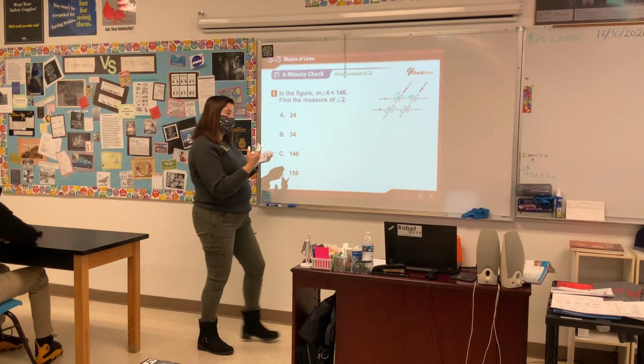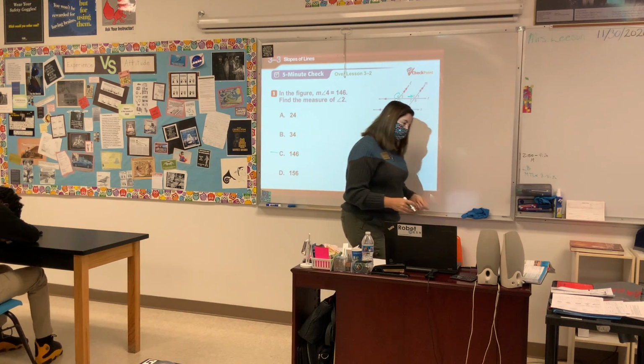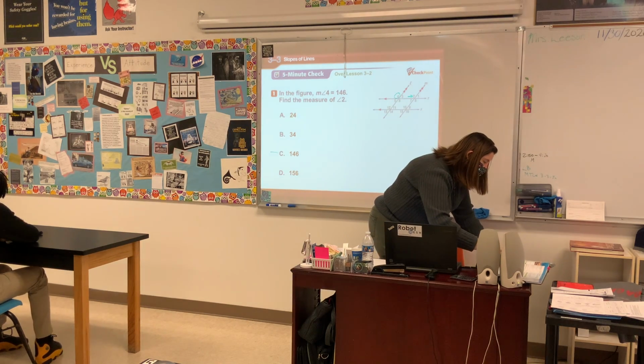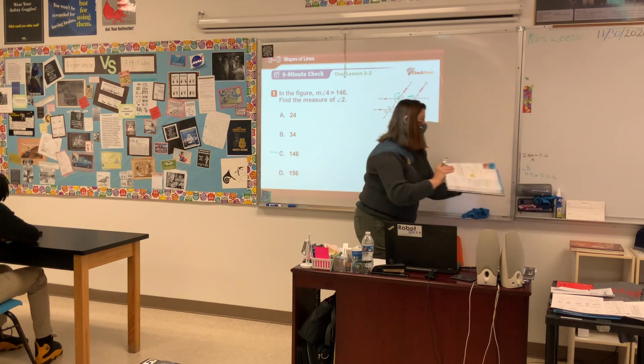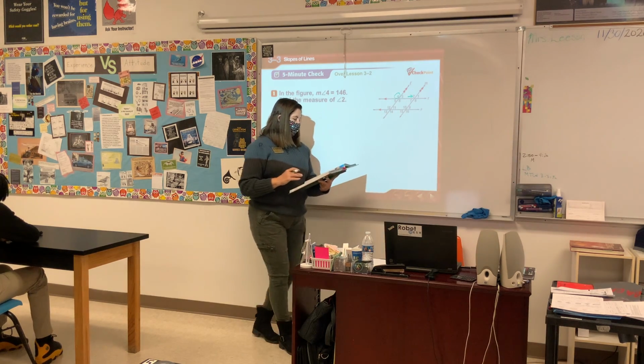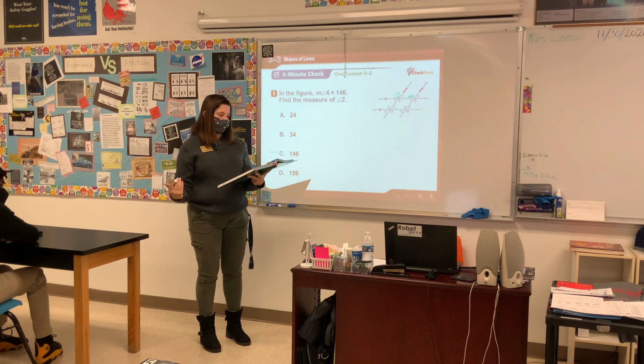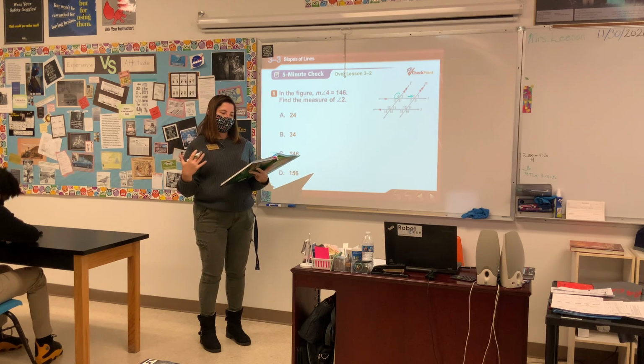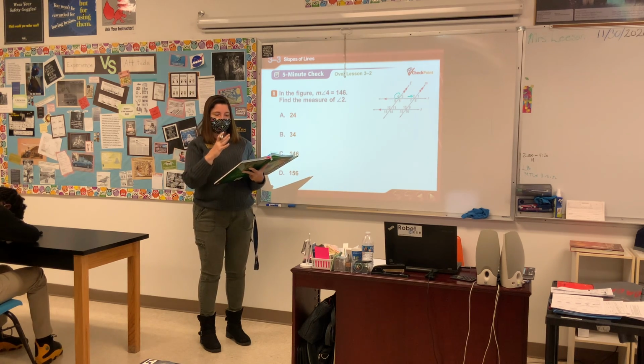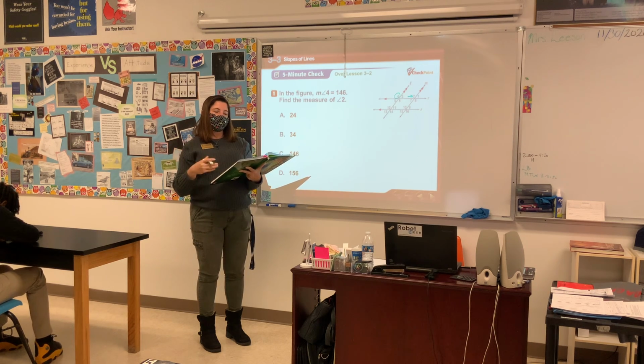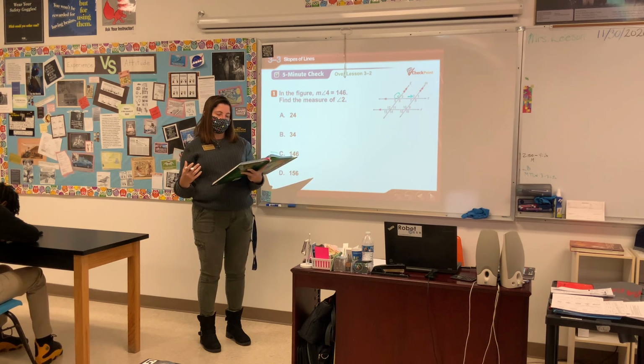There are postulates, and if you'll look in 3-2, you have a corresponding angle postulate, a parallel line, and angle pairs. There are 3 theorems, 3-1, 3-2, 3-3, regarding alternate interior angles, consecutive interior angles, alternate exterior angles.